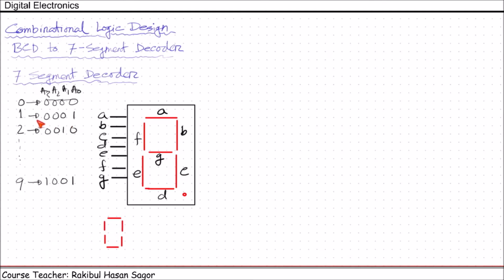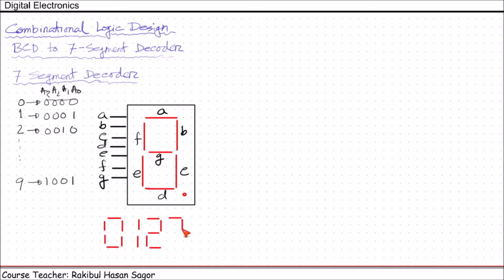If you want to show 1, whenever we have 0 0 0 1 input, we want to show 1. So we need to switch on only B and C lights. So this will look like this. In order to show 2, you need to switch on A, B, G, E, D. It shows 2.